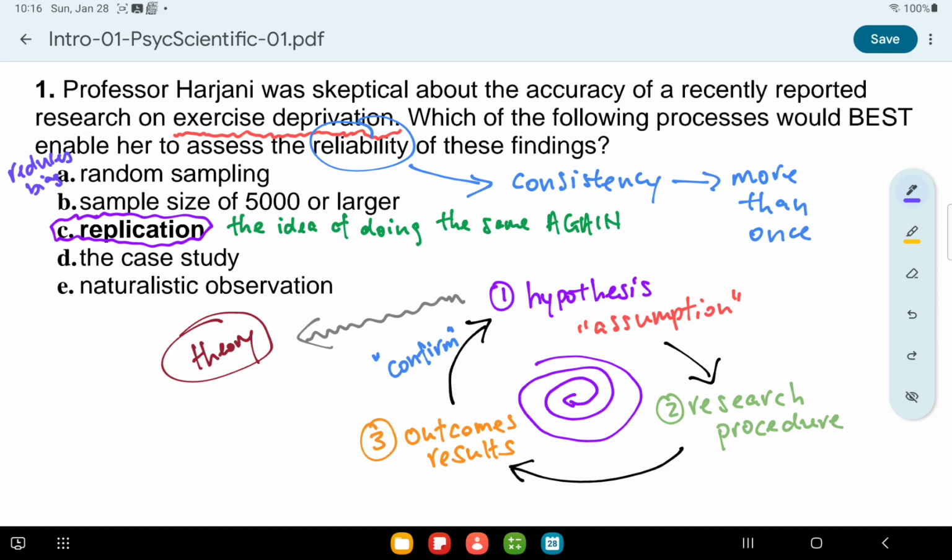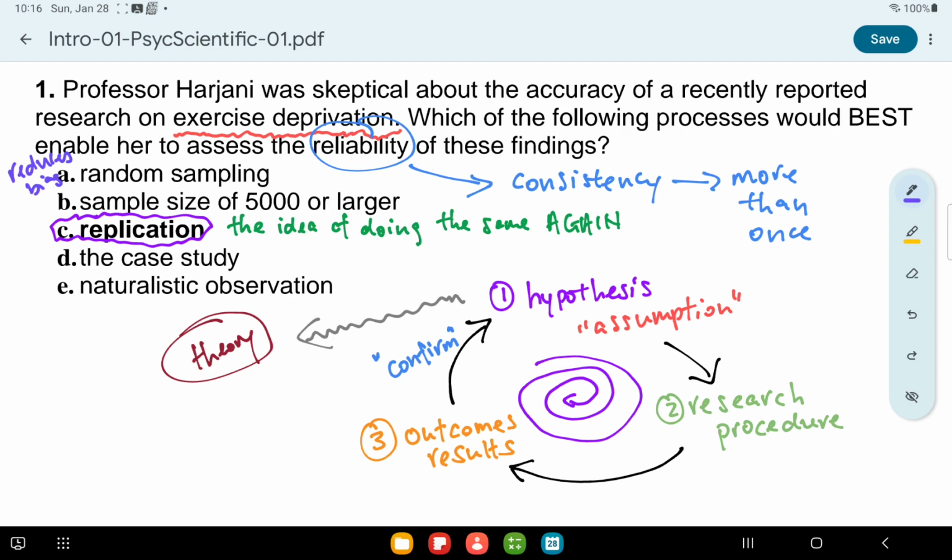It's not a bad answer. Sample size of 5,000 or larger. Neither is this a bad answer, because the larger the sample size, the more representative the sample is of the wider population. That is to say, we can generalize our findings more confidently to the entire population. The larger, the more representative.